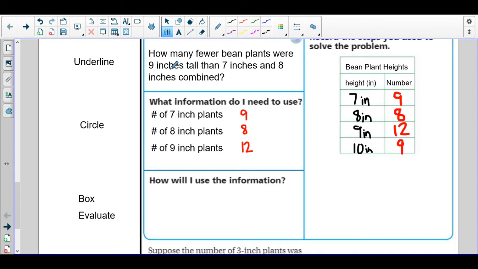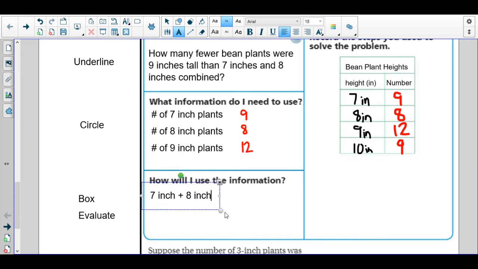All right. Here is essentially what we're going to be doing. We are going to take the number of 7-inch plus 8-inch plants.